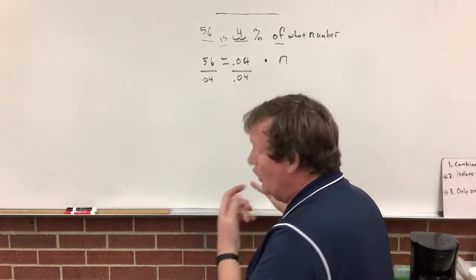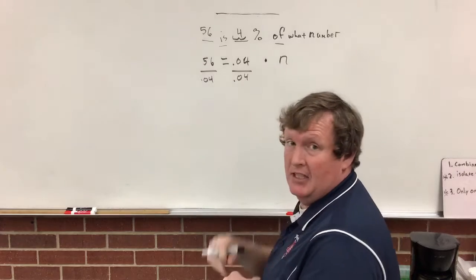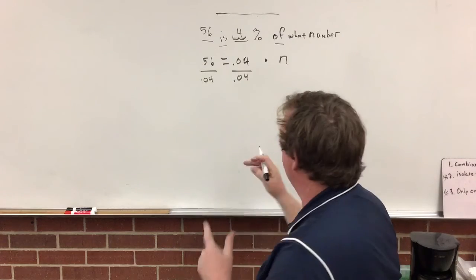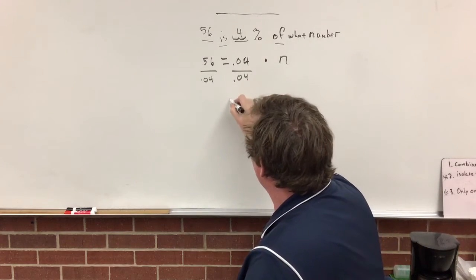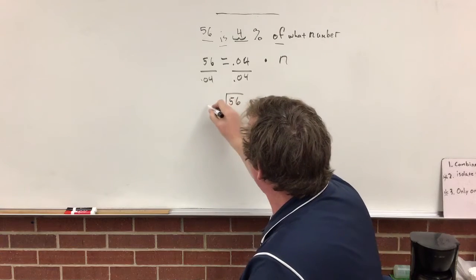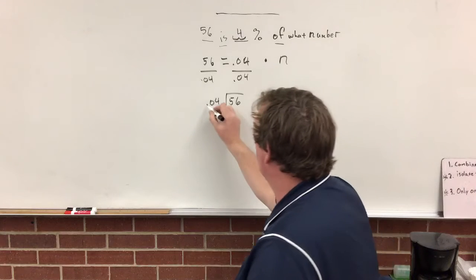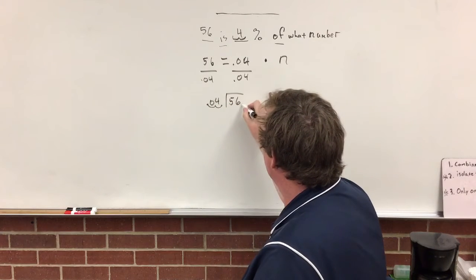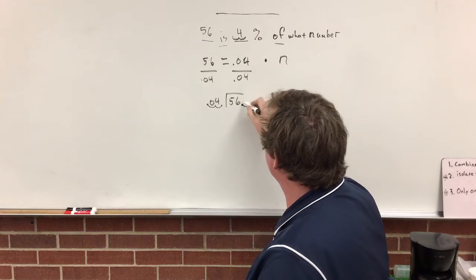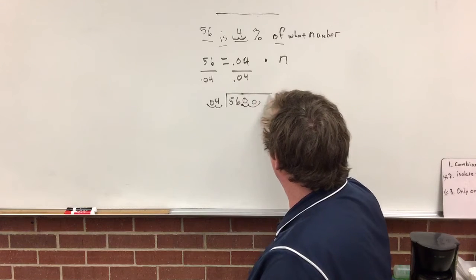Each one of these first 3 problems is going to be exactly like this. You do the same step, every single one. Then, after we do that, 56 goes in the box, 0.04 goes outside, and we move the decimal twice. Once, twice. Put a decimal in, once, twice, add zeros.